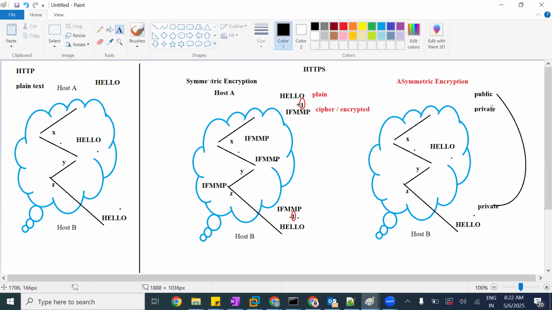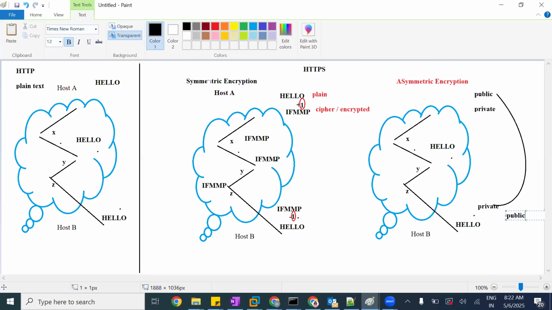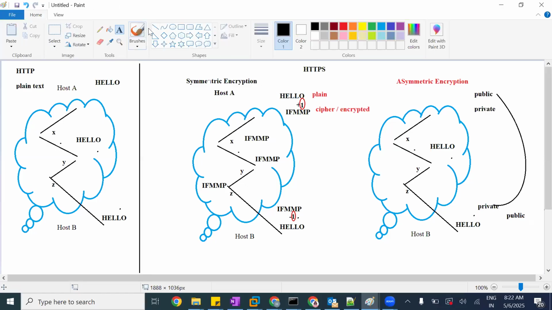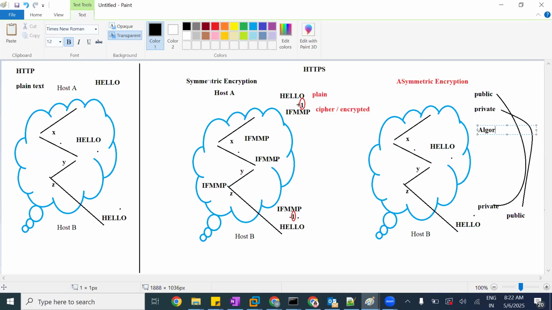Or if you're using the private key for encryption, then you need to decrypt with the public key. You understood? It is vice versa. How this is managed is with the help of the algorithm. The algorithm will take care of that process logic.